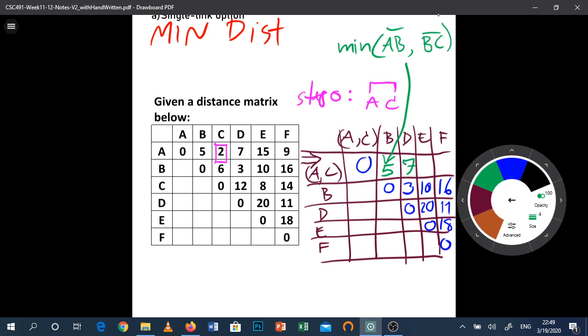AE was 15 and CE was 8. So the minimum of them is 8. And the last cell is the update of AF and CF. AF was 9, but CF was 14. So the minimum is 9.